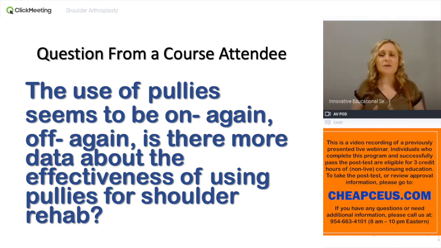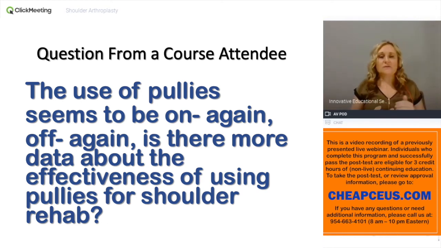The key here is that you do need to be mindful of the shoulder position and avoid that precaution of not being too far into extension. And many of the protocols were saying to keep the patient in that scaption plane when they are utilizing it.